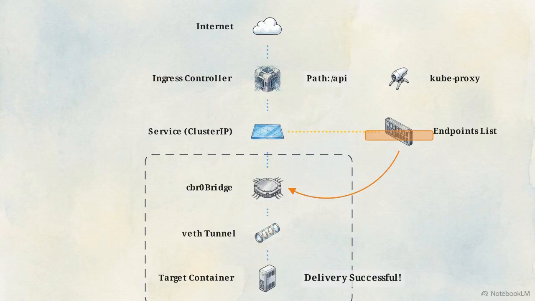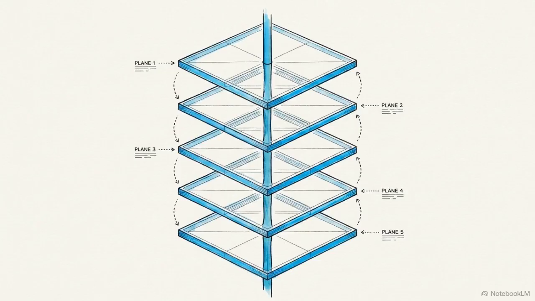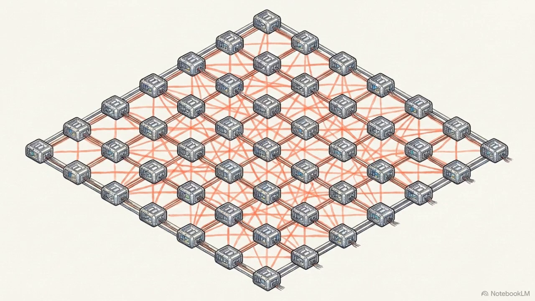Finally, the packet physically traverses across the node's cbr0 bridge, shoots down through the veth pair, and hits the listening container port. Every single nested layer in this trace is responsible for handling one specific decoupled abstraction, ensuring your traffic survives constant infrastructure death.